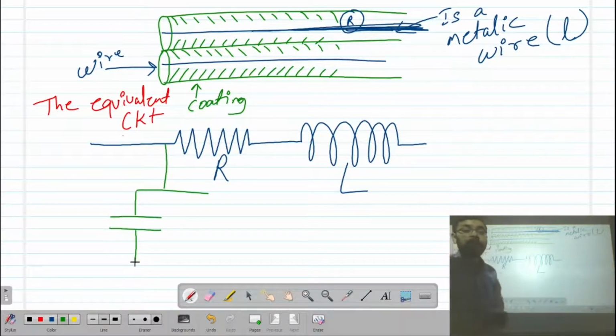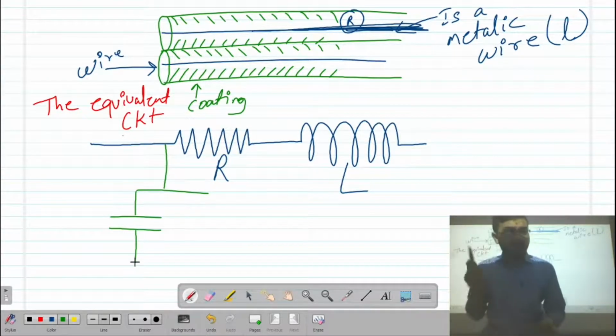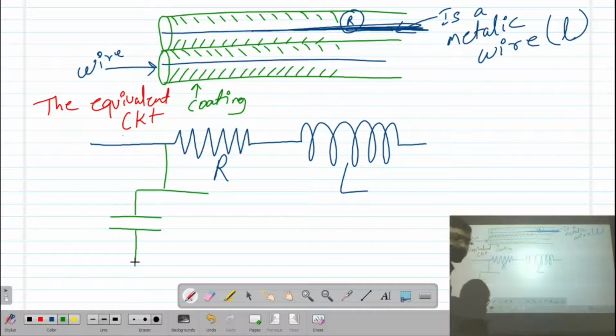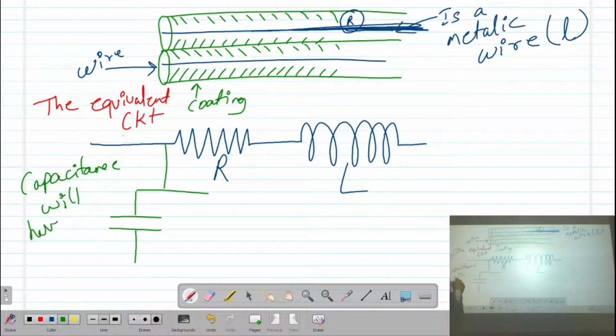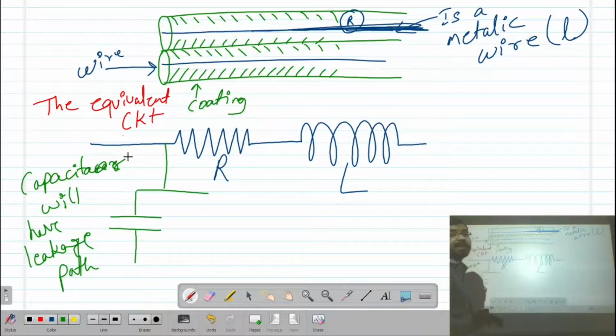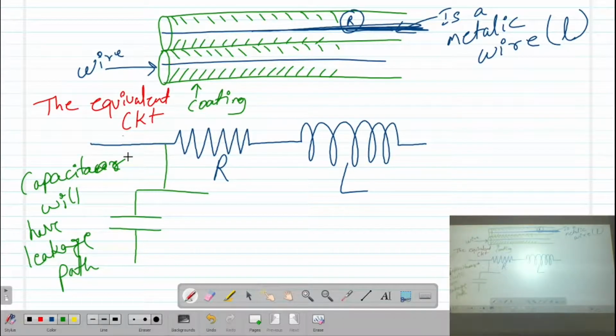This is the capacitor. Now you might know that each and every capacitance existing in any kind of form will always have a leakage path. The capacitor will have a leakage path, and the leakage path is represented by the conductance.